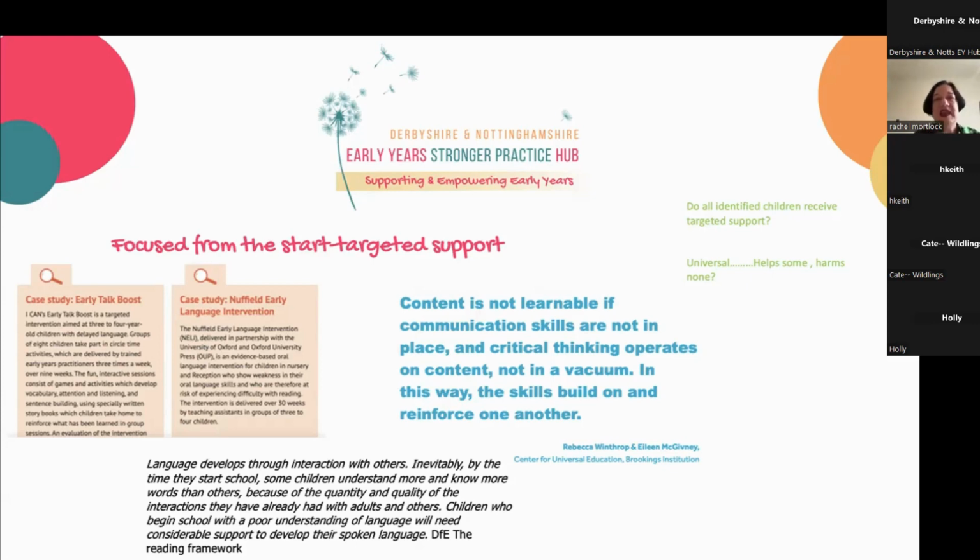They found that it had some really positive benefits, not just in language, but around opportunities for practitioners to get to know children better. It's a very fun session if you see it being run. But also it was helping in terms of listening behaviours, even for children who didn't have English as an additional language.